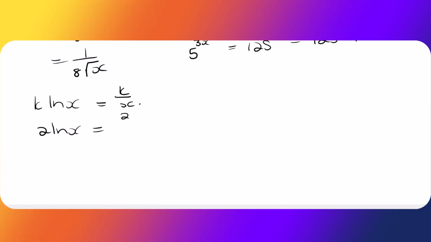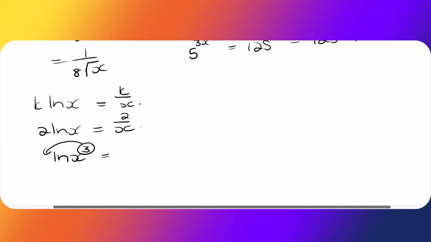So my answer is going to be 2 over x. But if they give us something like ln x to the exponent 3, what I usually do is, ln and log laws are the same. You have a log law that tells you, if you have an exponent, move it to the front. So I'm going to do this first. So I'm going to say 3 ln x, which is equal to 3 over x if I differentiate.